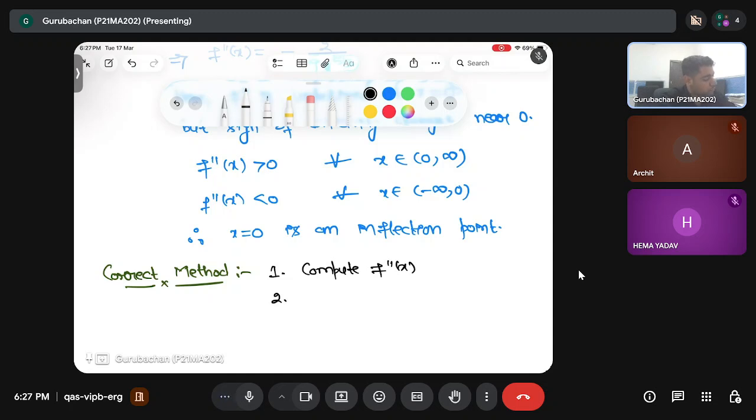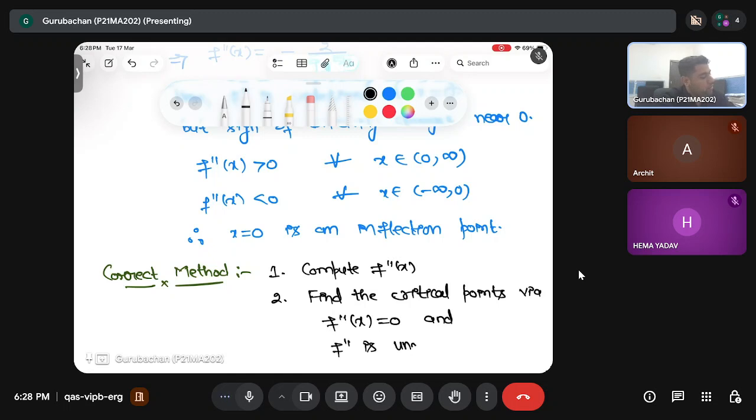Second, find the critical points via f double dash x equal to 0 and f double dash is undefined.